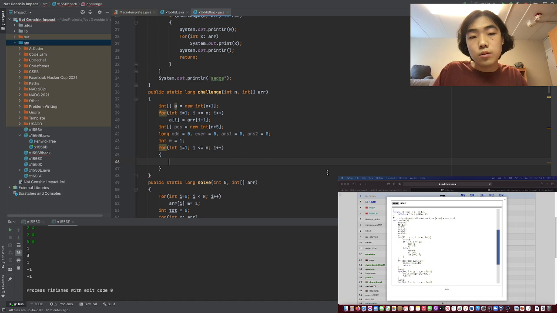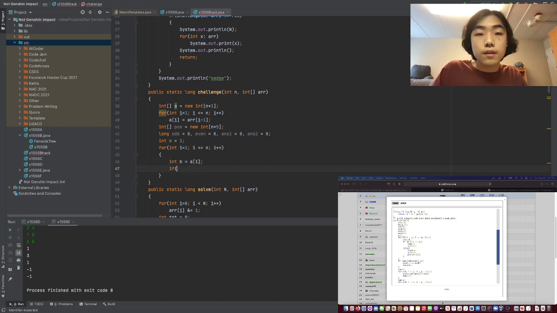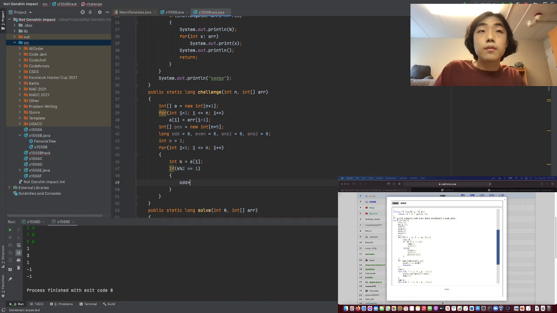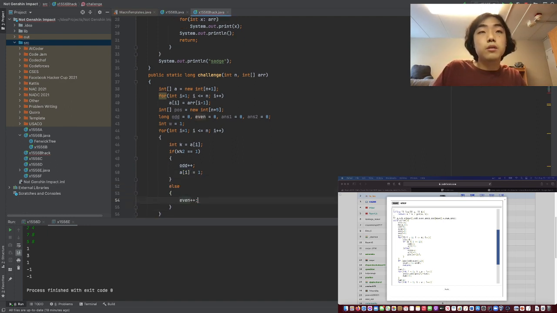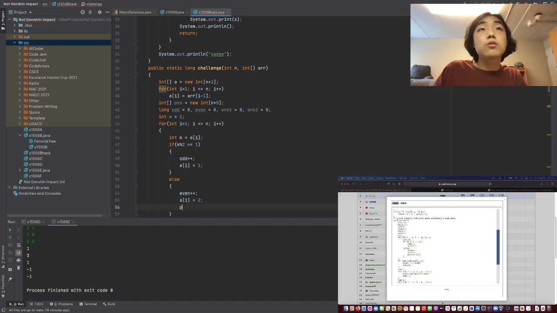Okay, int k is equal to a at i, so if k mod 2 is equal to 1, then odd plus plus, and then a at i is equal to 1, otherwise even plus plus, a at i is equal to 2, position at W is equal to i.